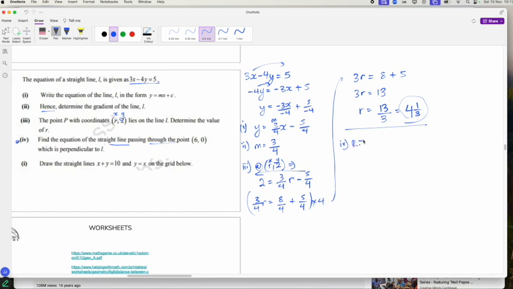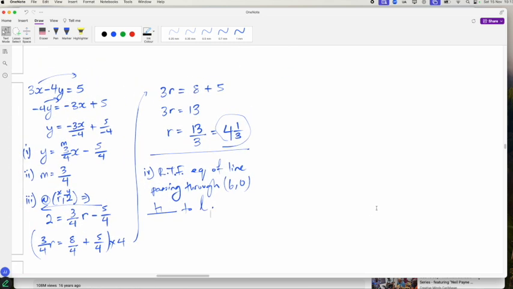I am required to find the equation of the line passing through 6,0, and it is perpendicular to L. All right. So remember the line L, and I'll do this in a different color just to make it a little easier to understand.